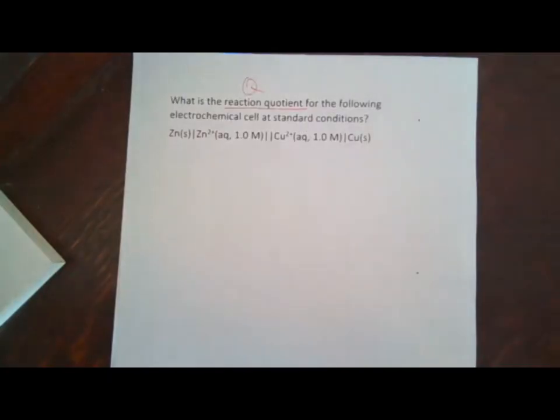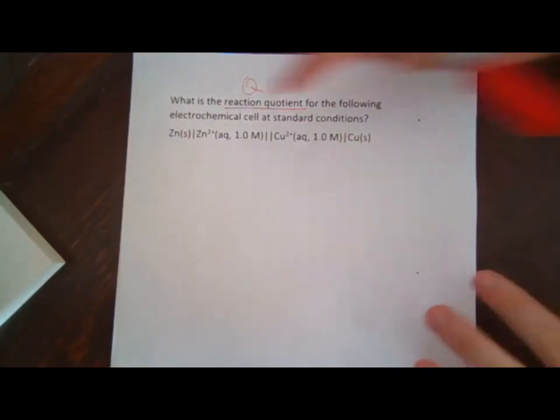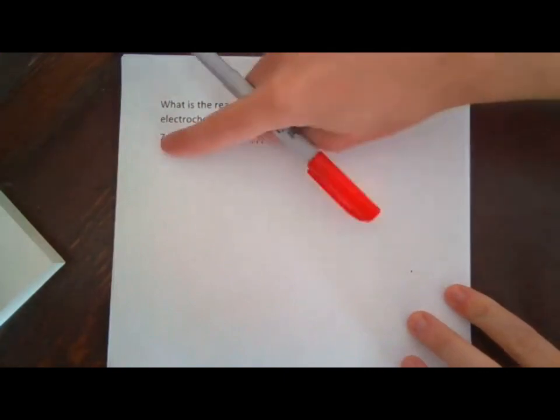This is related to characterizing reaction mixtures at equilibrium. In order to come up with this, what we need is the chemical equation. We have our cell notation written out for what all the components of the cell are. What we also want to do is explicitly come up with what the chemical reaction is.